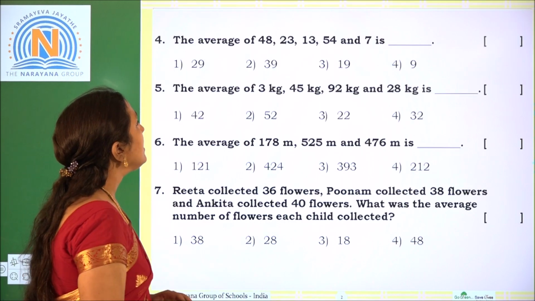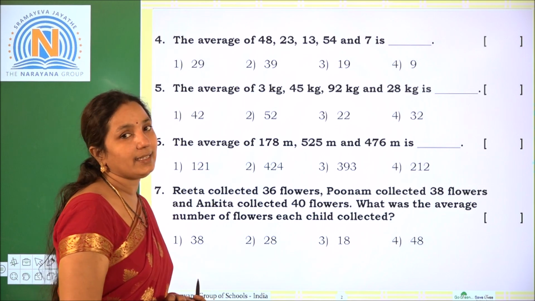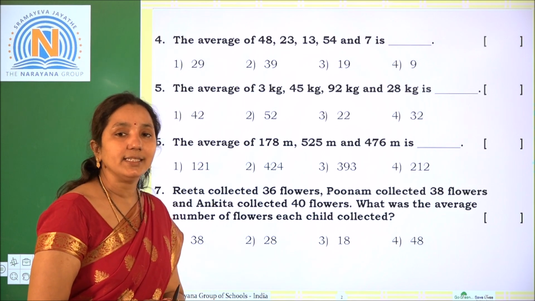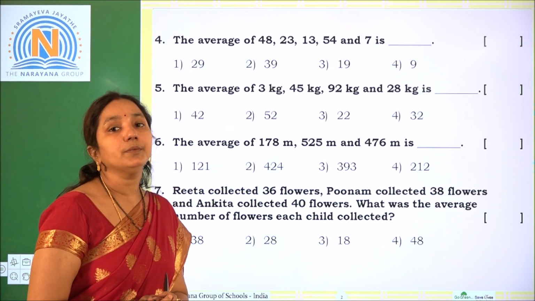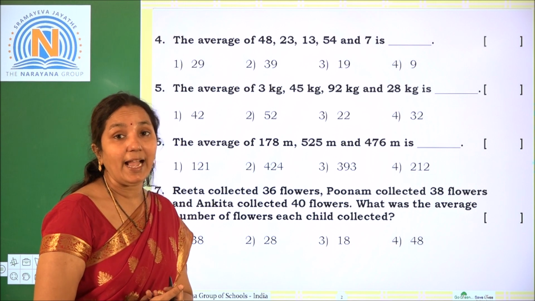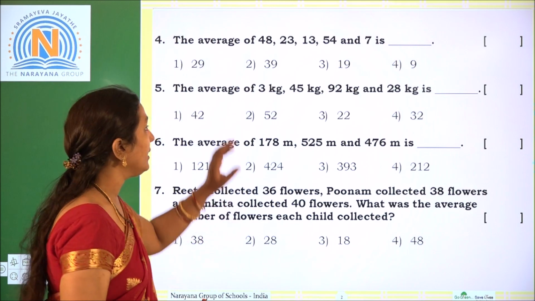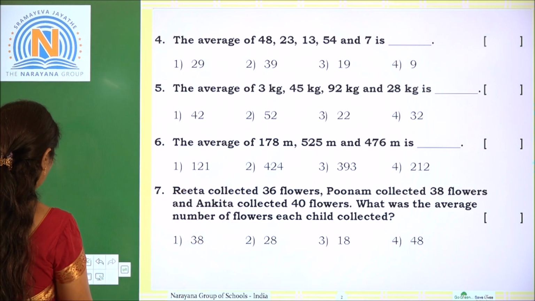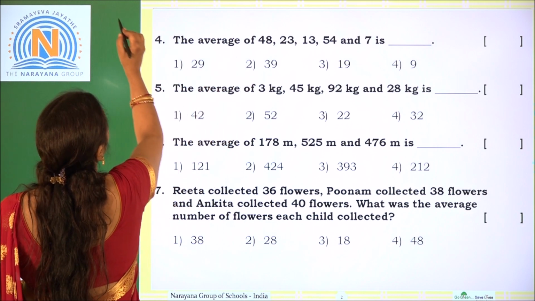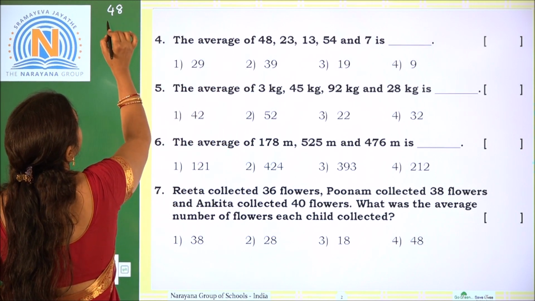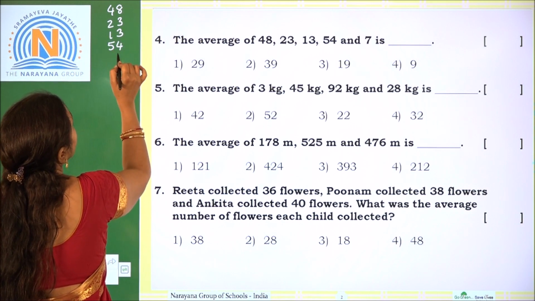Next one. The average of 48, 23, 13, 54 and 7 is. What is the average? Average is nothing but equal distribution. So we have to find the average as the sum of the objects divided by the number of objects. First we add the given objects: 48, 23, 13, 54 and 7.